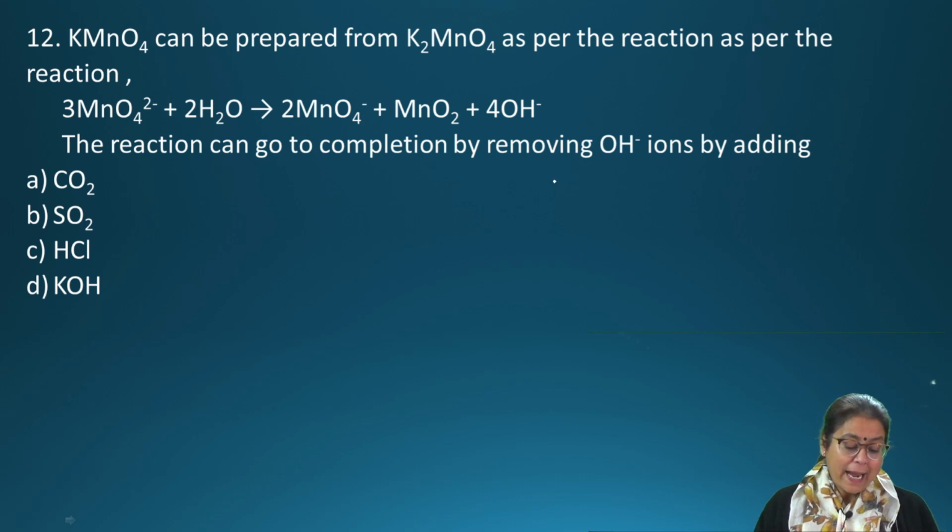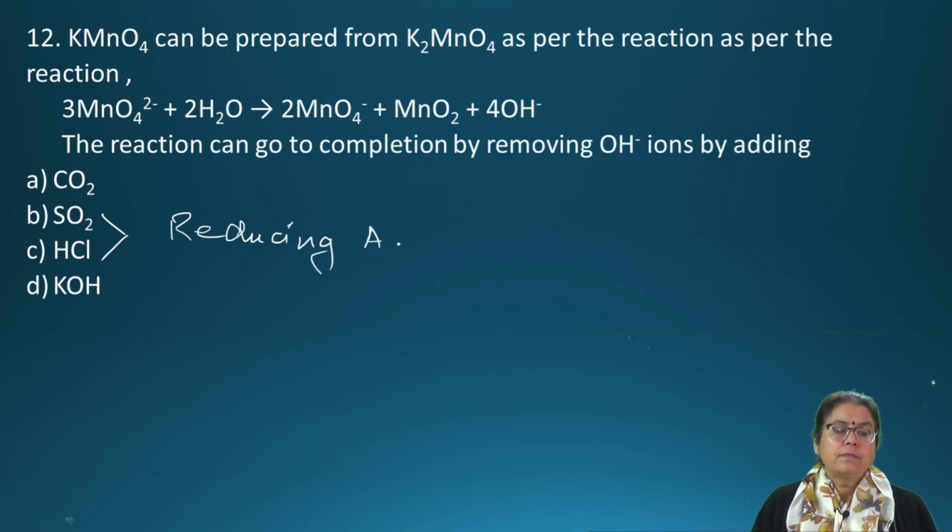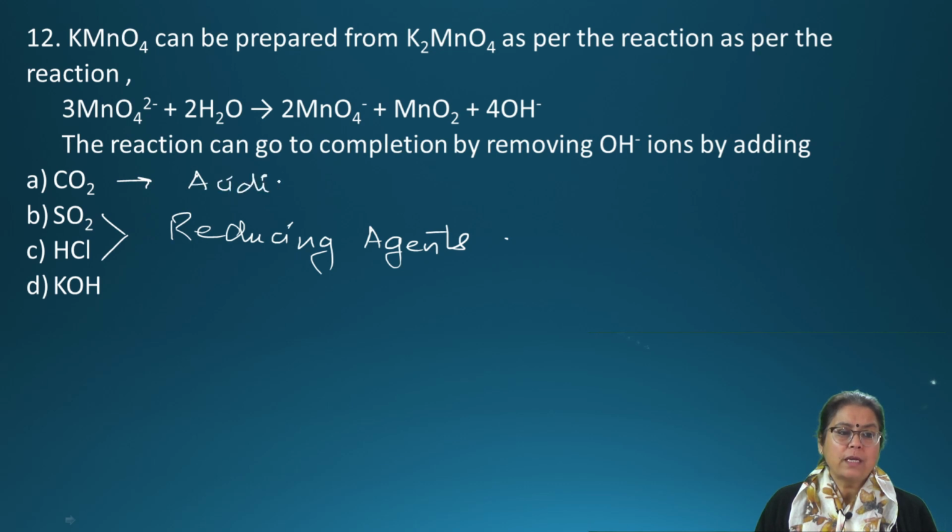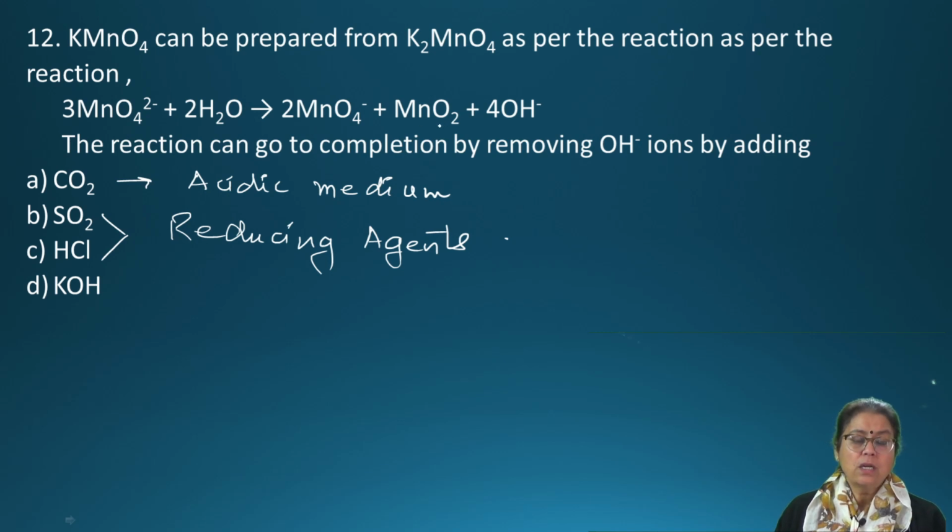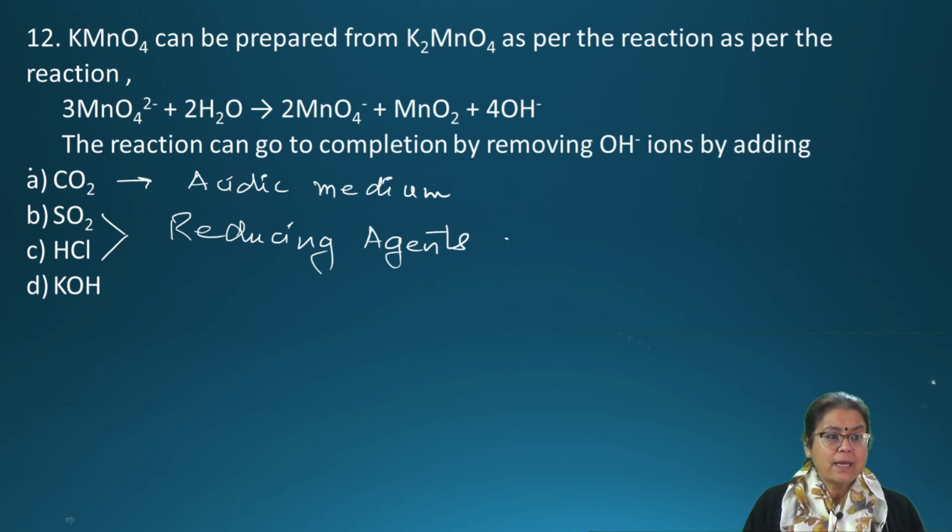So इस पे आपको add करना है, ठीक है। तो अगर हम देखें HCl और SO2, ये दोनों जो है both of these are reducing agents, so वो reduce कर सकते हैं MnO4 negative को। As far as carbon dioxide is concerned, ये it is neither oxidizing nor it is reducing, ठीक है। सो ये सिर्फ एक एसिडिक मीडियम प्रोड्यूस करेगी, यही इसका रोल है इस रिएक्शन में कि ये एक एसिडिक मीडियम प्रोड्यूस करती है और वो शिफ्ट कर सकती है रिएक्शन टुवर्ड्स द फॉरवर्ड डायरेक्शन। सो करेक्ट ऑप्शन यहाँ पे क्या आ जाएगा, इट इज गोइंग टू बी A.